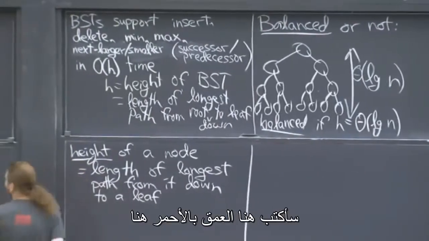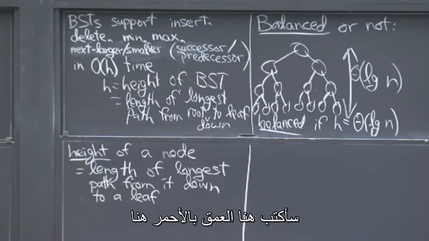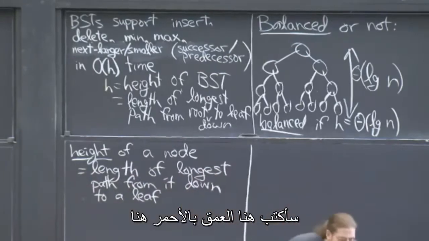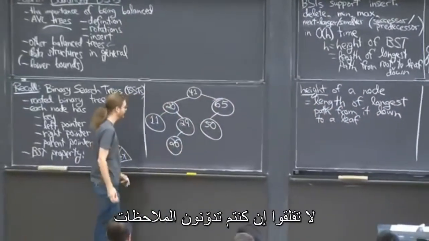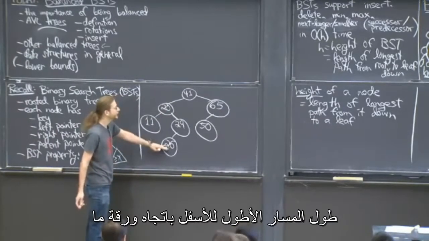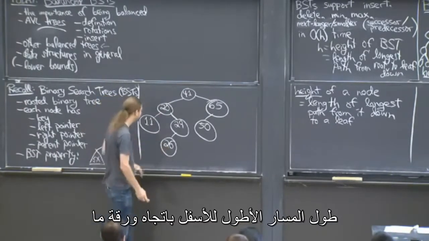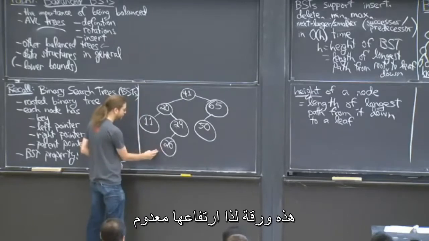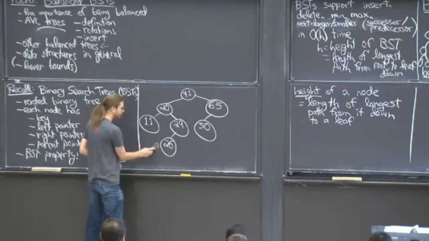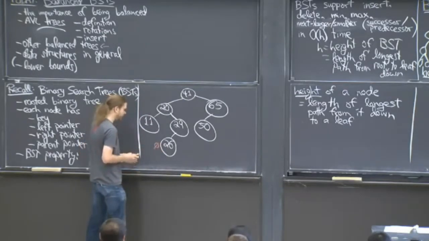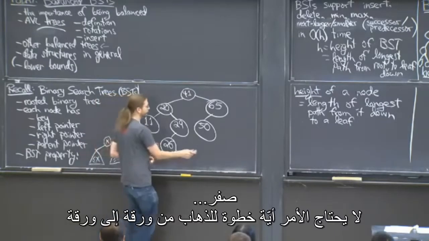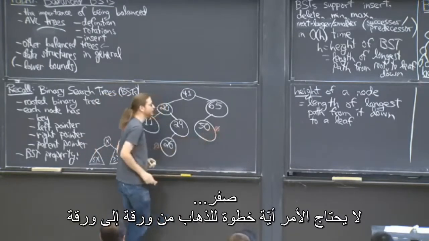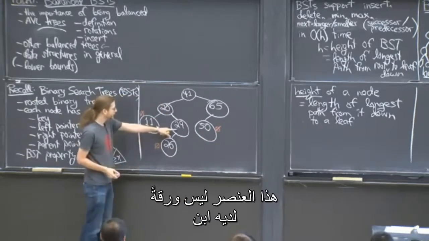All right, so for example, over here, I'm going to write depth in red. If you're taking notes, it's OK, don't worry. So height is the longest path from it down to a leaf. Well, this is a leaf, so its height is 0. It takes 0 steps to get from a leaf to a leaf. This guy is not a leaf.